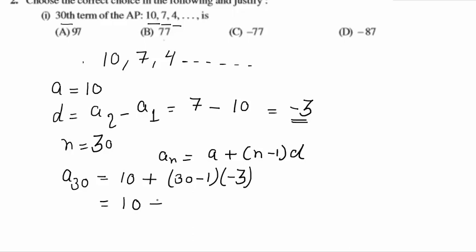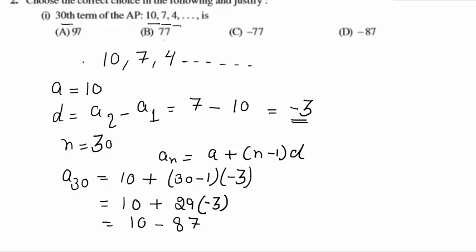This will become 10 plus 29 into minus 3. Now solve this. This will become 10 plus 90 minus 3, which is minus 87.